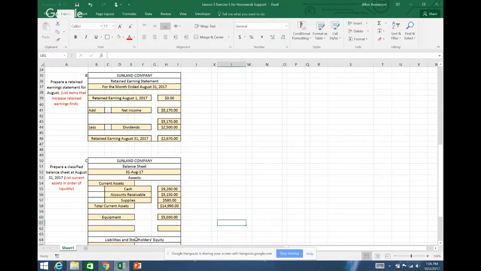We then add up our total assets. Which in this case we add up cash, accounts receivable, supplies, and equipment, or to make it easier, total current assets plus equipment, which would add up to be $20,020.